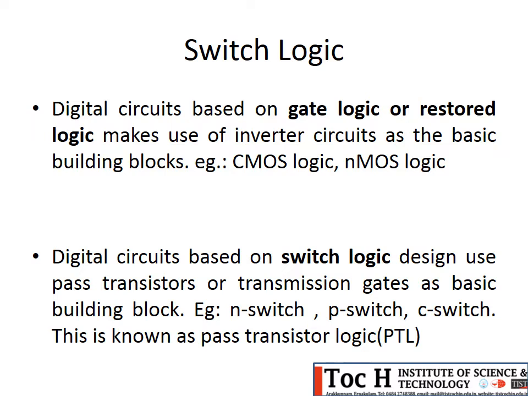So in this module, we will learn how to realize digital logic functions using switch logic, where the basic building block is pass transistor and transmission gates. Pass transistor simply represents N switch, P switch and C switch, and this is commonly categorized as pass transistor logic.